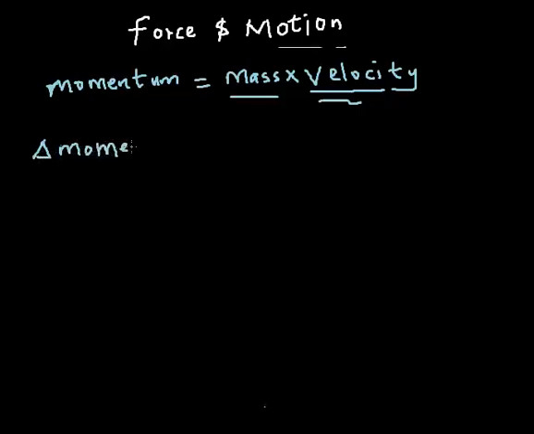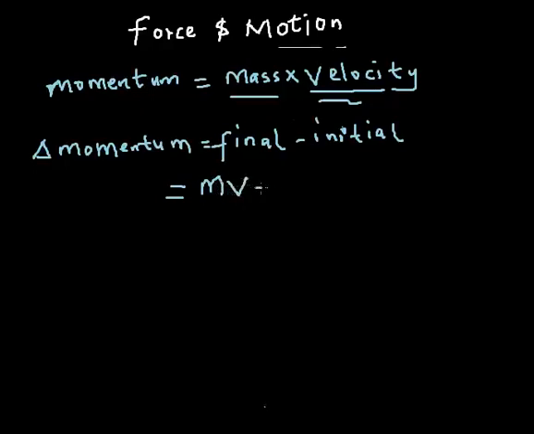So the change in momentum is simply going to be equal to the final momentum minus the initial momentum. When there's a change, that means there was an initial and a final value. Change in mathematics is difference, final minus initial. The final momentum is mass times final velocity, while the initial momentum is mass times initial velocity.